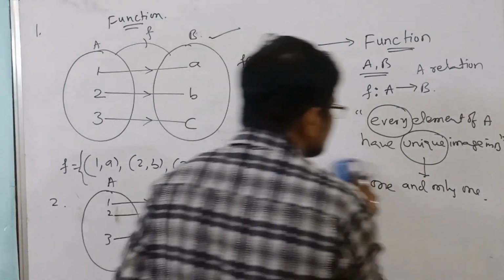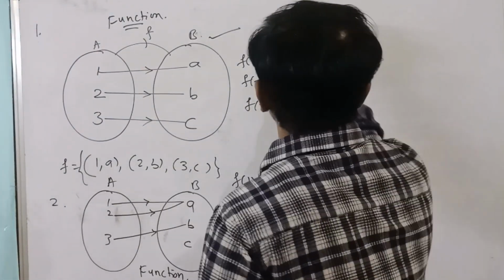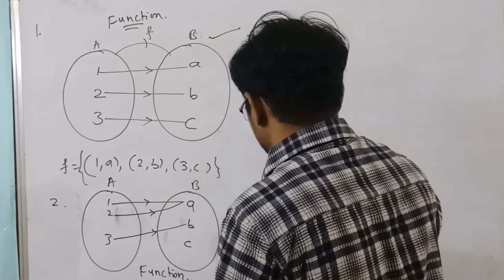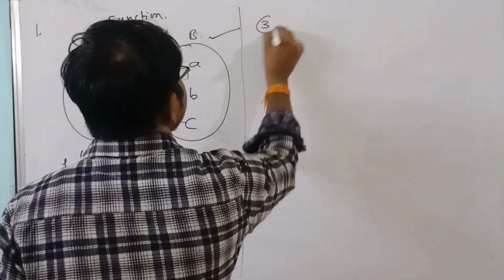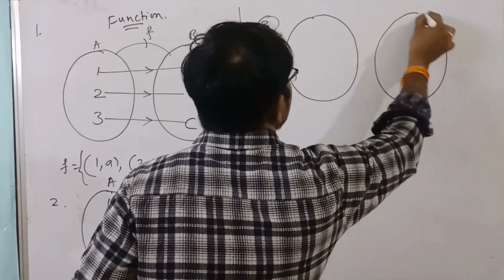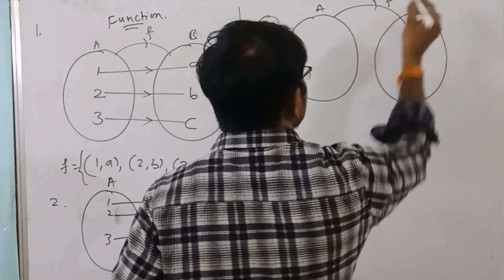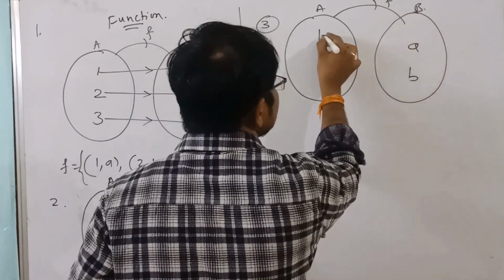Next, come to the third example. Here a relation f is mapping from A to B. It is like this mapping 1, 2, 3, and here I am taking just A, B only.